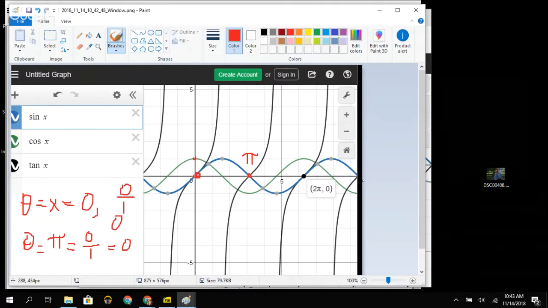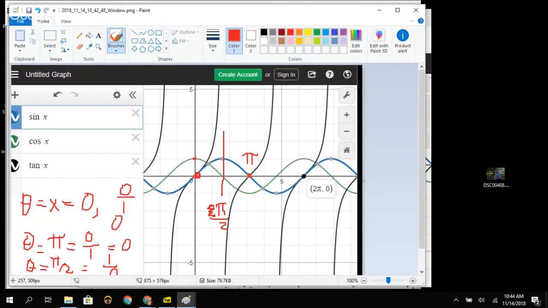Okay, but then what happens when theta equals pi over 2 or 90 degrees? What happens right here? This is pi over 2 on our graph, or 90 degrees. So what happens there is that the sine is 1 and the cosine is 0.